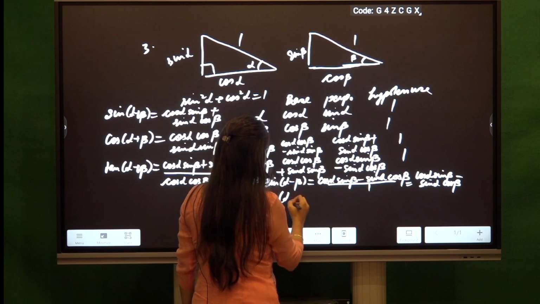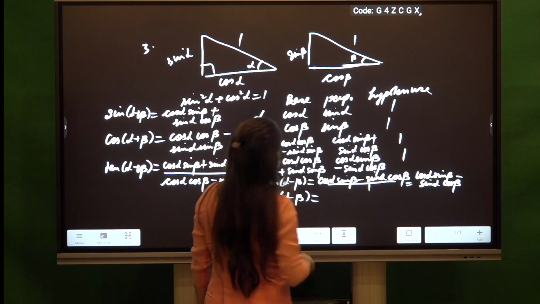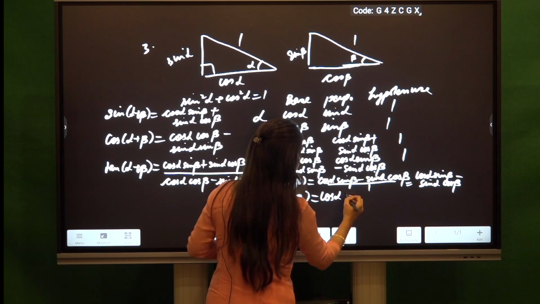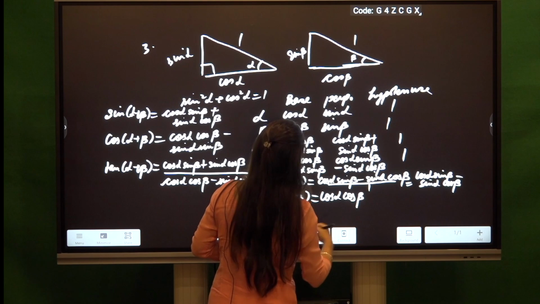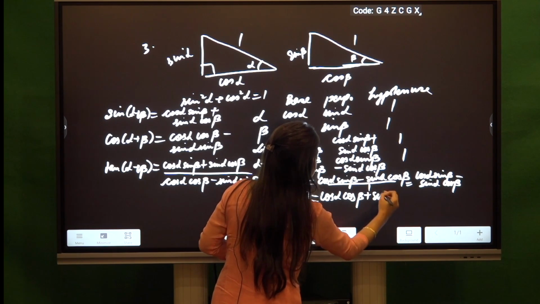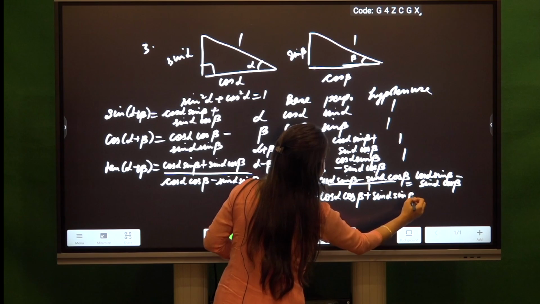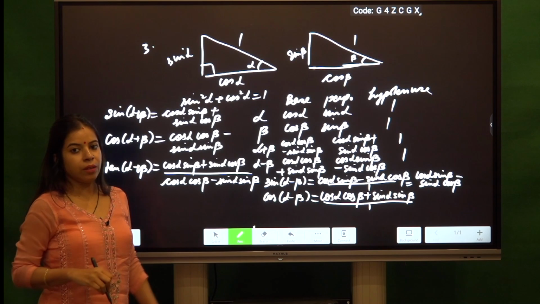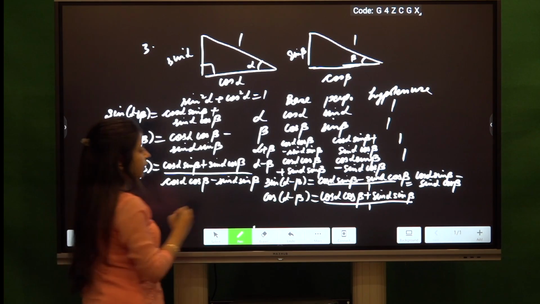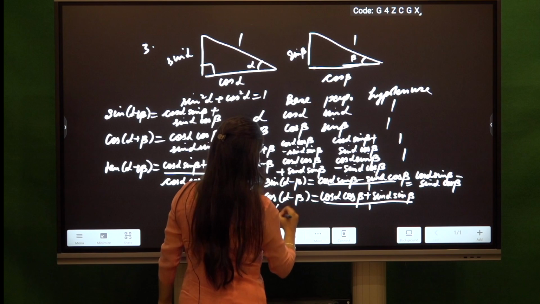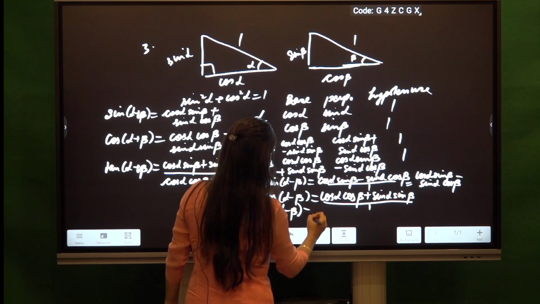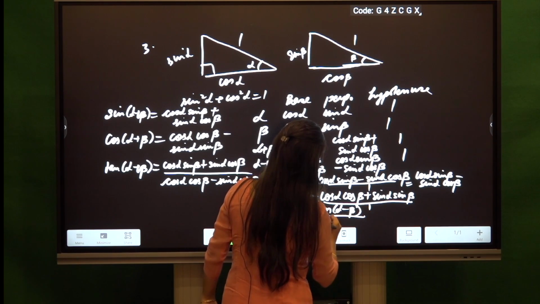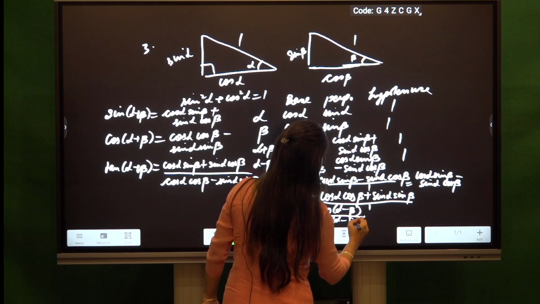Cos alpha minus beta is base upon hypotenuse, so that will be cos alpha cos beta plus sin alpha sin beta by 1, which is the numerator as it is. And for tan alpha minus beta, it is basically sin alpha minus beta upon cos alpha minus beta.